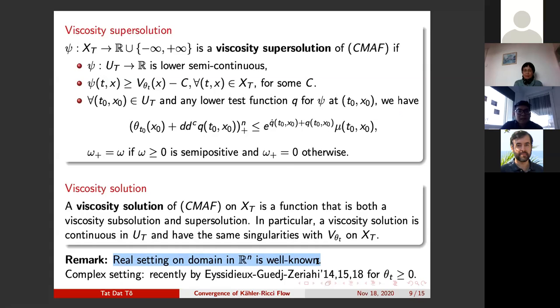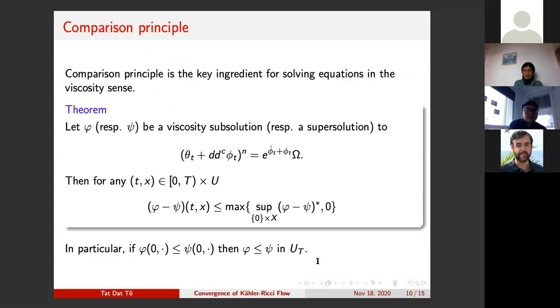The key point for the viscosity approach, and also for classical supersolutions and subsolutions, is the comparison principle: if you have a subsolution and a supersolution, the subsolution is less than the supersolution.